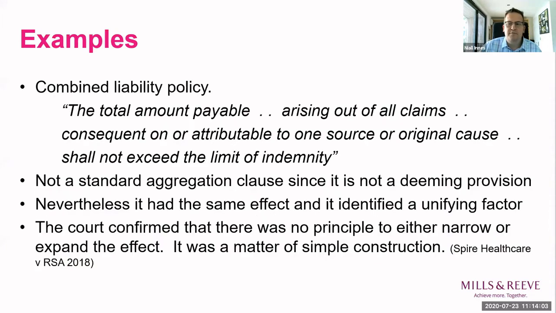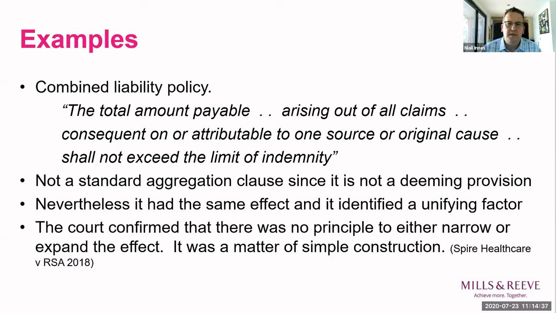My final example before coming on to some conclusions arises from a combined liability policy. Now, it's not a standard aggregation clause in the sense that it's not a deeming provision saying claim 1 and claim 2 aggregate because of the unifying factor. This is more of an aggregation arising out of the total amount payable, but it was treated as an aggregation clause. Now, the relevant wording was not defined anywhere in the policy, so the Court of Appeal had to just look at it with its normal approach to construction of the contract.